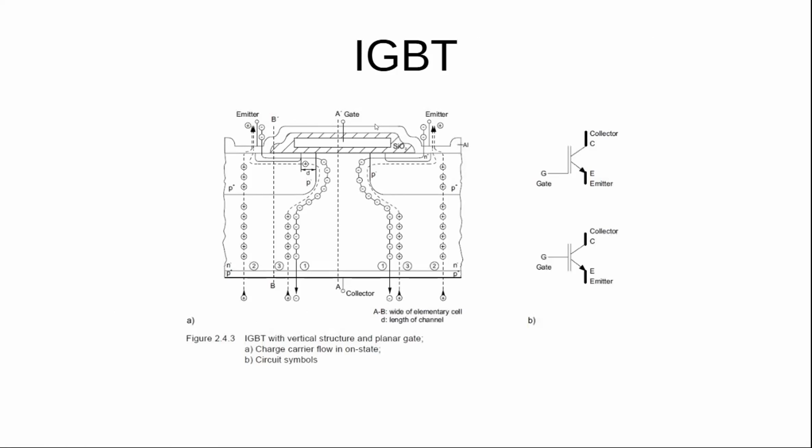So I use the same sort of setup as a MOSFET to show that it's essentially the same device, except you'll see that here at the bottom, what has been done is that we've got doping. So we've got a P layer. Remember with the MOSFET, you didn't have this P layer down here. So what has basically been added is this P layer down here.